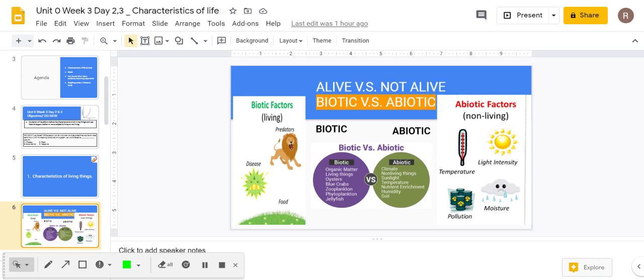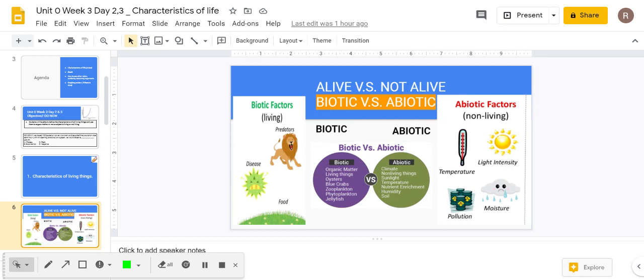The first step is understanding that in biology, to describe living things, we say biotic factors. To be biotic is to be alive. The root word bio means living.